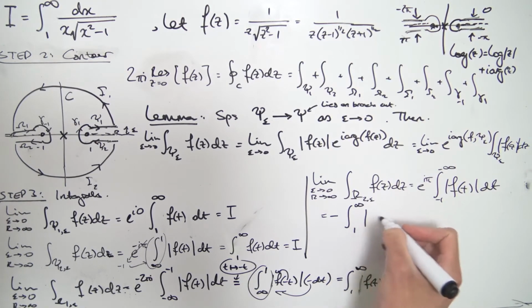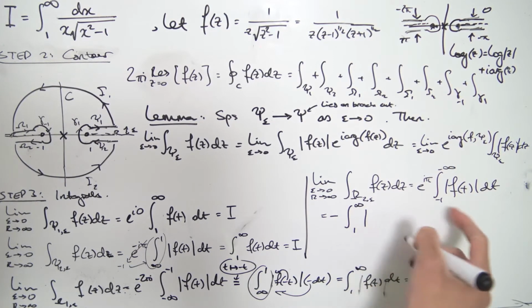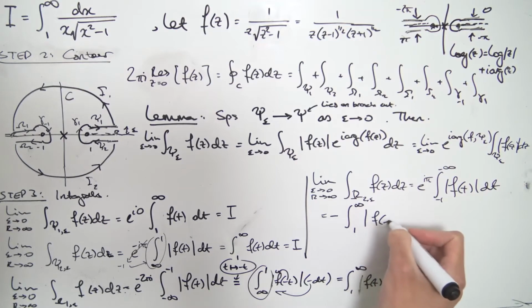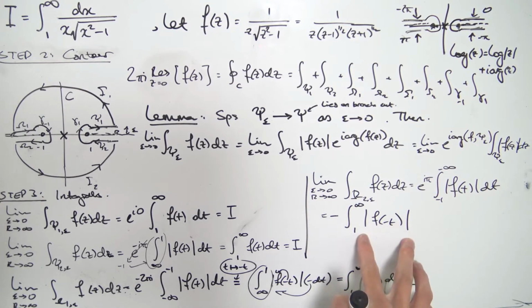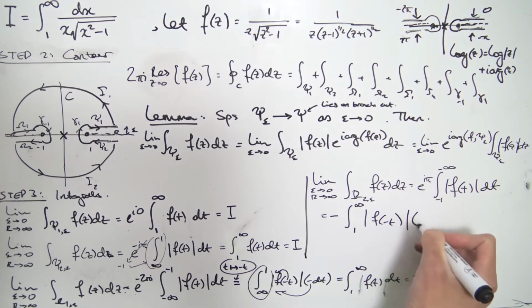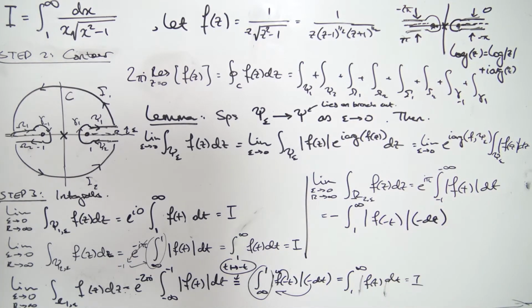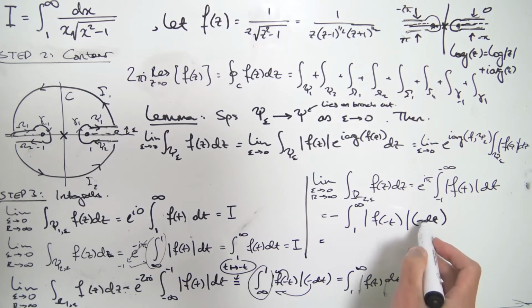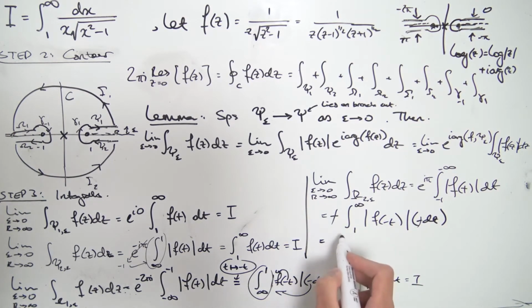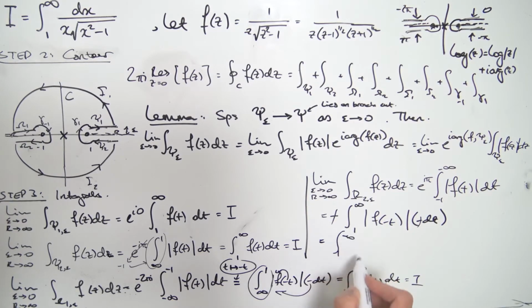We have f, as discussed before, we have an f of minus t, but that minus we can bring out and dissolve into the absolute value. And dt, well, we pick up a minus there as well. So these negatives here are going to cancel. We're going to end up with the integral from 1 to infinity.